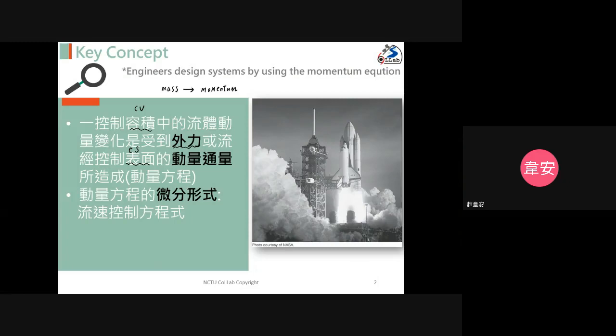We also introduced the stream function and the potential function to describe the streamlines of our velocity flow field. In this chapter, I will also teach you the differential form of the momentum equations, which is very important. We call these the governing equations for the flow velocity field.